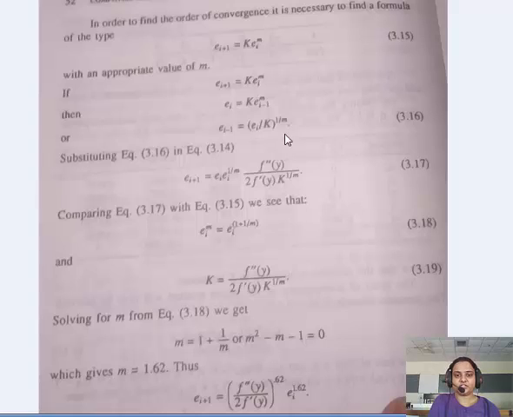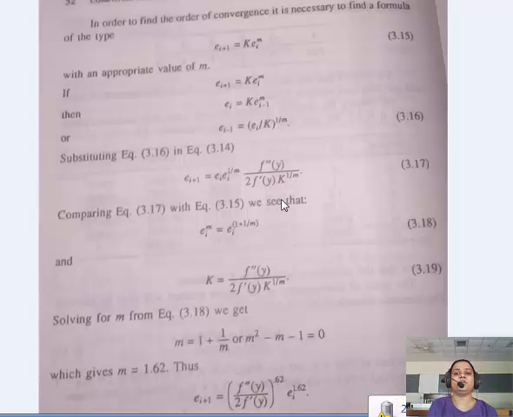So after putting this, we get e_{i+1} is equal to e_i to the power 1 by m into f double dash y upon 2 f dash y into k to the power 1 upon m. Here we have put, at the place of e_{i-1}, the expression e_i to the power 1 by m divided by k to the power 1 by m.